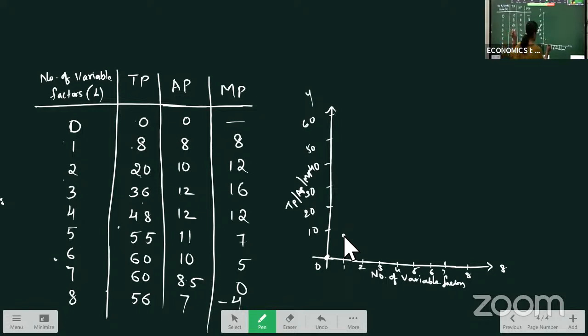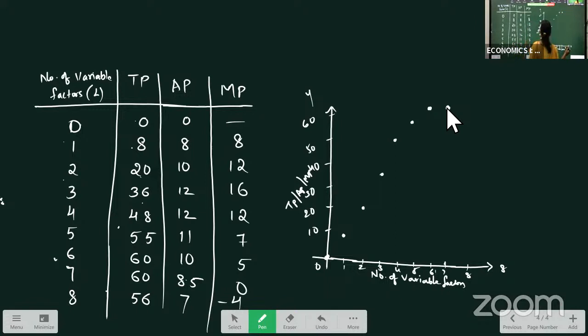Next, for 2 it is 20. 3, 36. 4, 48. 5, 55. 6, 60. 7, also 60.